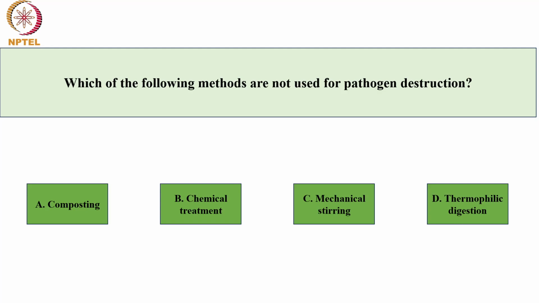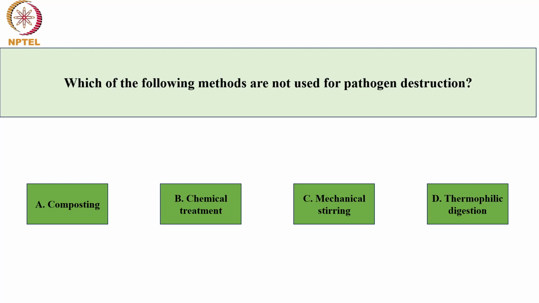Because in composting, you will be adding bacteria, and at the end of the day, all the compost produced will be stabilized, not containing any pathogens. So composting will not come. Then chemical treatment, we add chemicals by which the pathogens die, so that also won't be the answer.